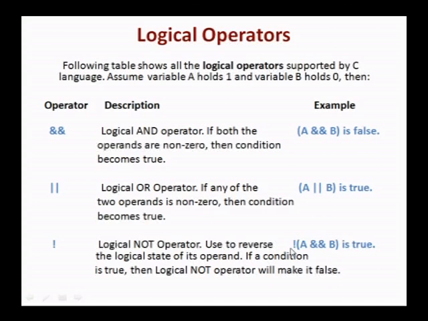and the NOT operator, that is the logical NOT, by an exclamation mark. And as you see, both the AND and OR operators are binary operators, so it depends on the value that the operands hold along with them. So if you define A is equal to 1 and B is equal to 0, then A and B, that is 1 and 0, becomes false, and 1 or 0 becomes true, because you know about the AND and OR operators that you have learnt in your digital electronics.